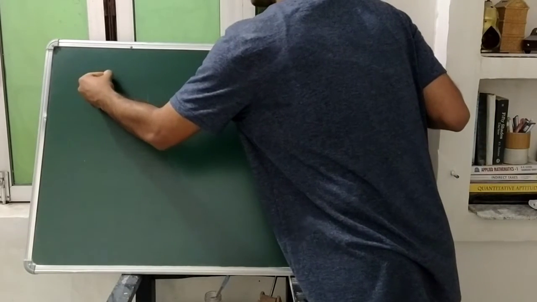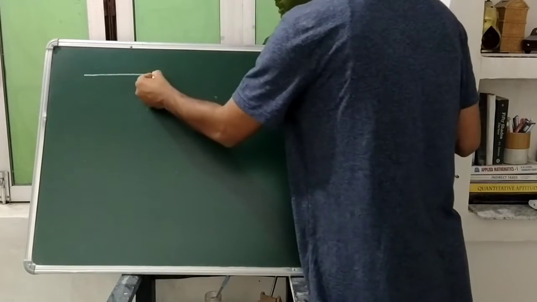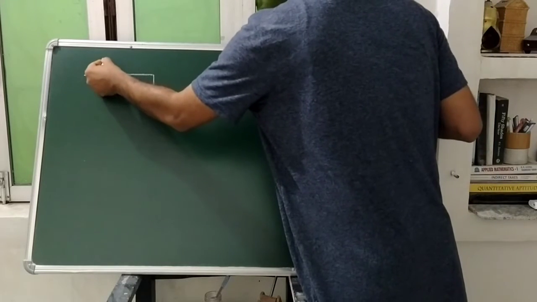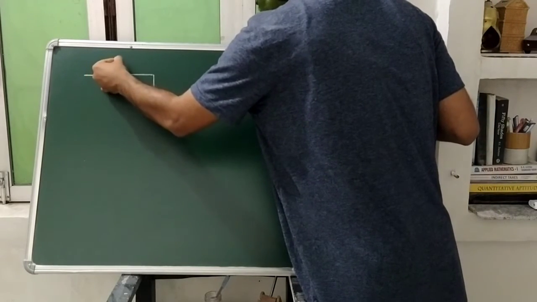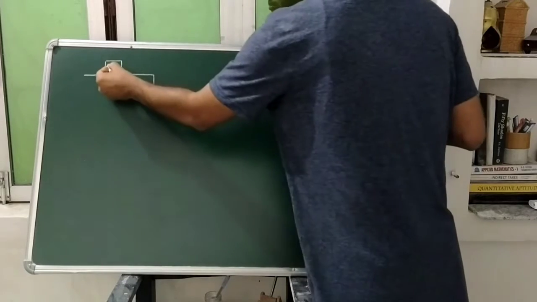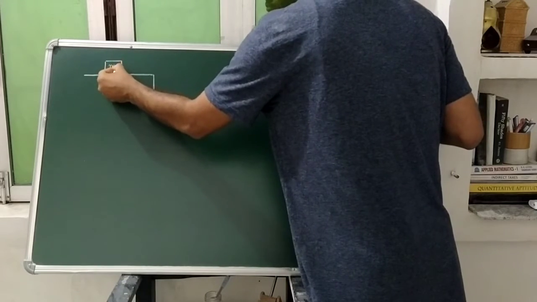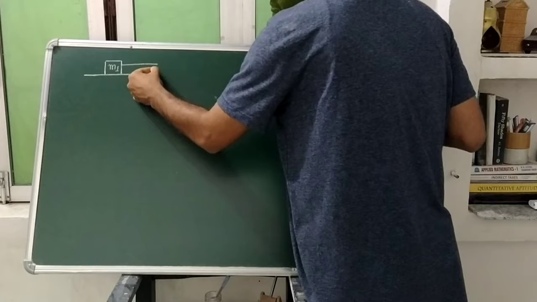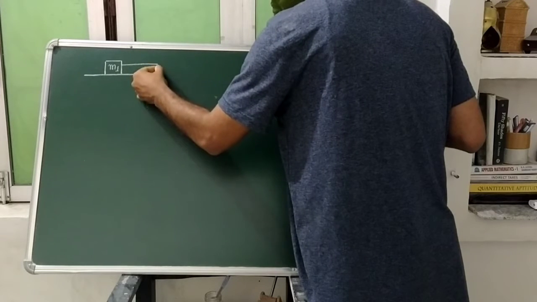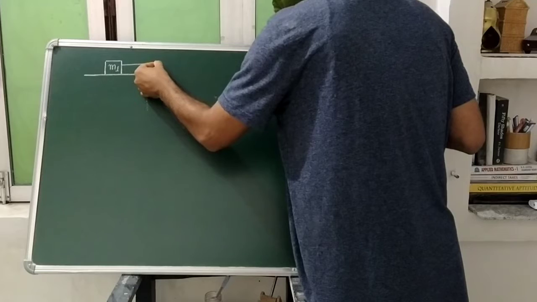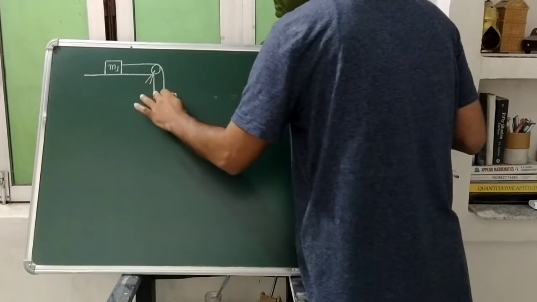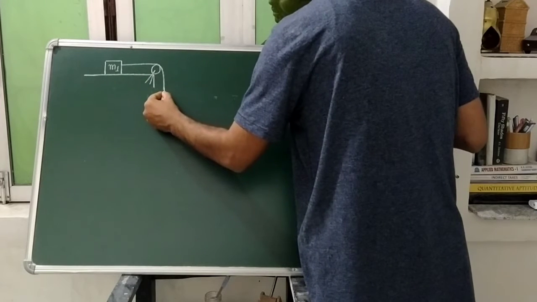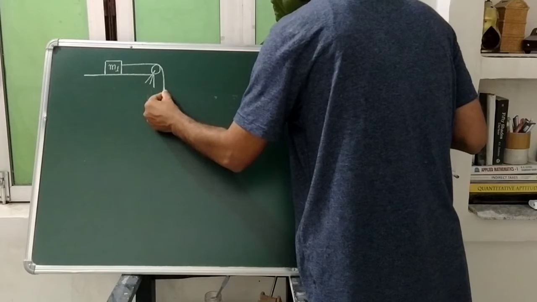So students, in the earlier class we had solved this problem where we had a perpendicular surface, and on the horizontal surface a block of mass m1 was resting, and a string was there whose one end was attached to the block of mass m1 and the other end of the string was attached to a moving pulley.